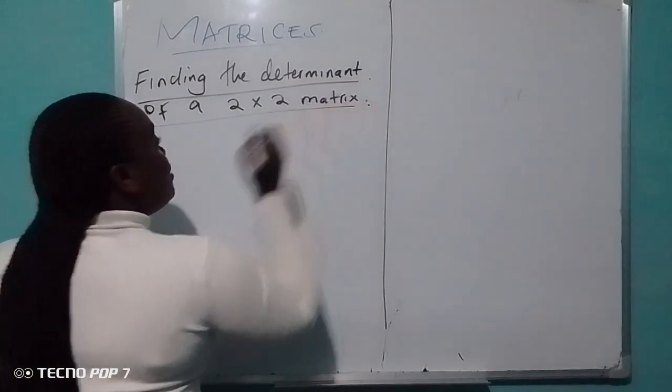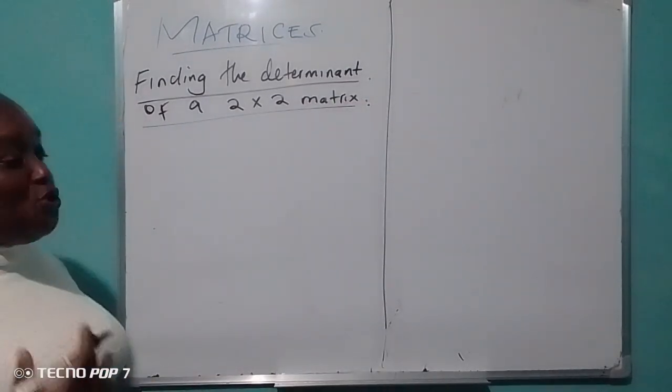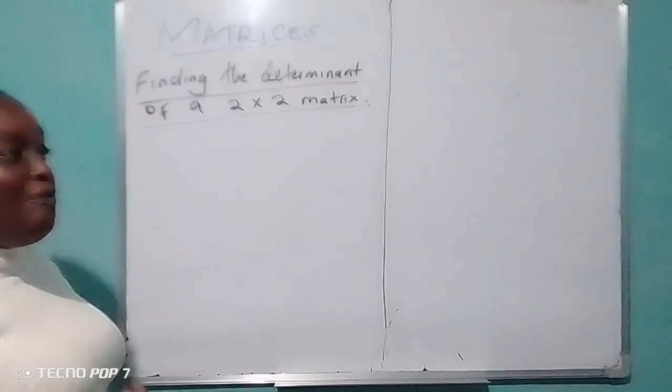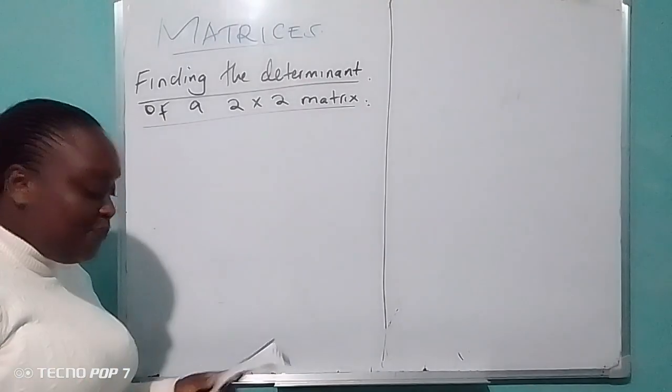When we say 2 by 2 matrix, we can also say of order 2 by 2.